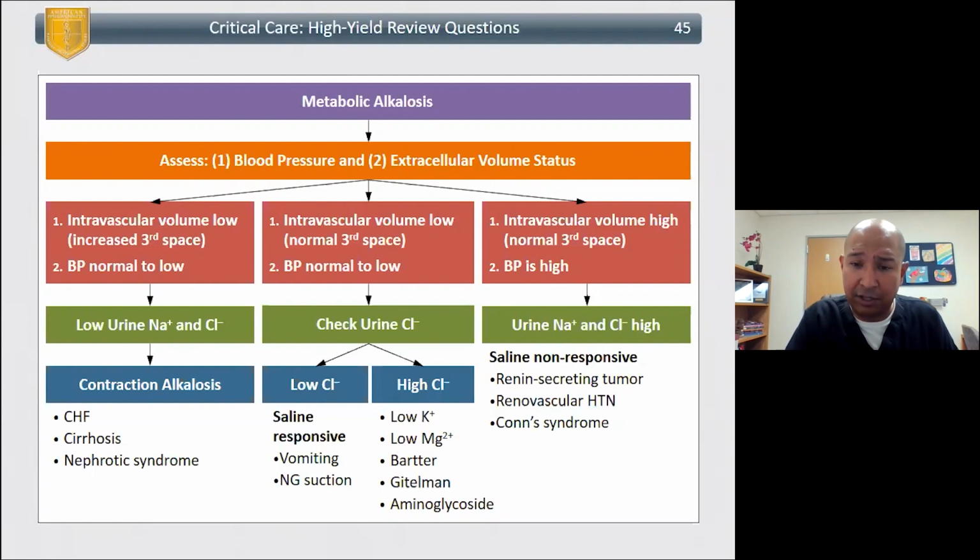And of course, you can check urine sodium and chloride. Why is the urine sodium going to be high? Once again, what does this patient have? Metabolic alkalosis. What is the proximal tubule going to do? It's going to want to retain the hydrogen. Hydrogen is positive, so it kicks out the sodium into the tubule. Sodium will be high in the urine. Why is the urine chloride going to be high in this case?